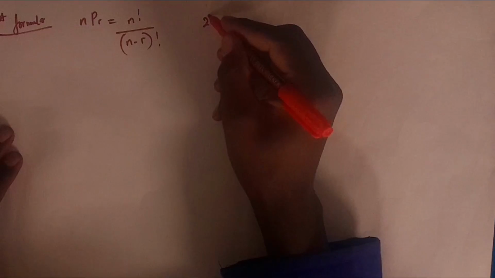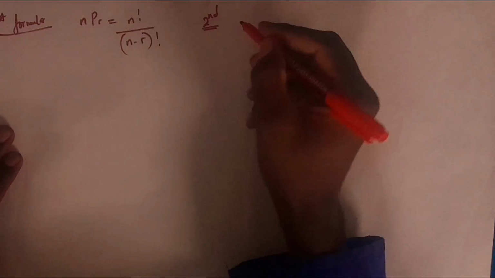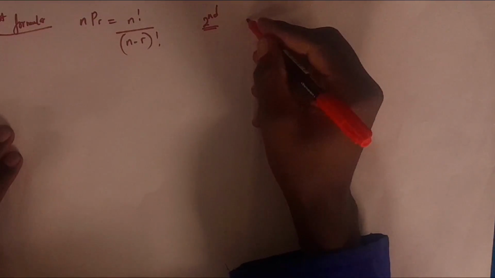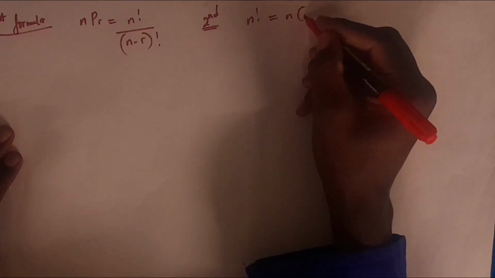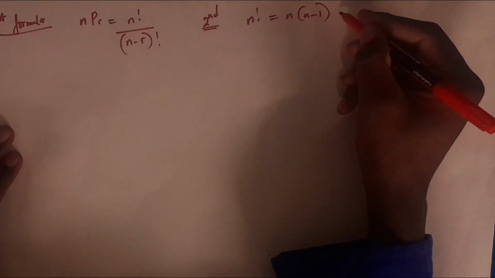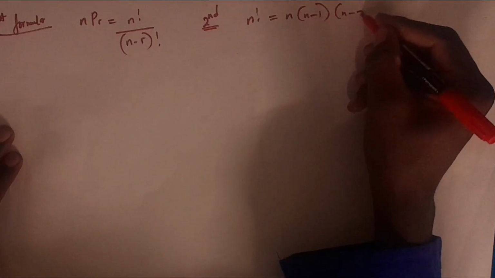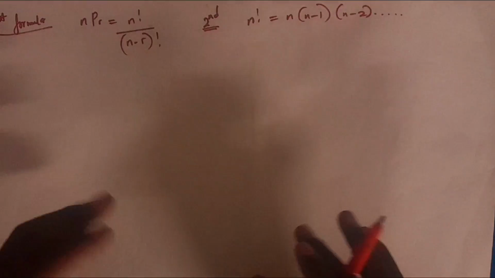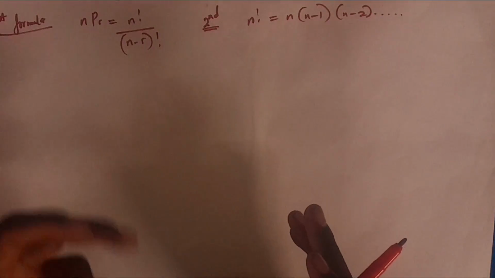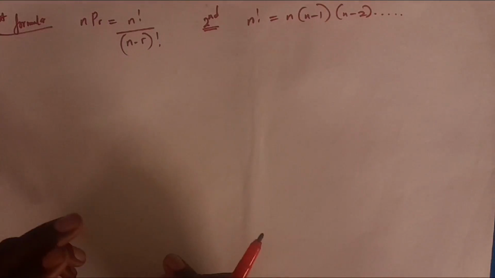And then our second formula under permutations is n factorial, which is equal to n multiplied by (n minus 1), then another bracket of (n minus 2), and so on. These are the formulas we use when we are dealing with permutations.